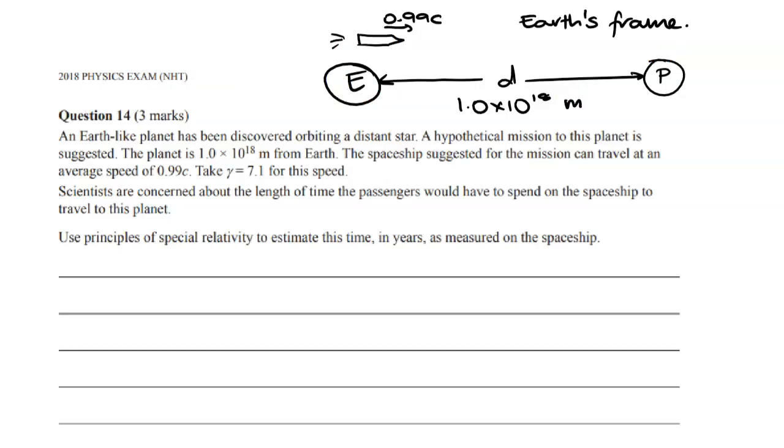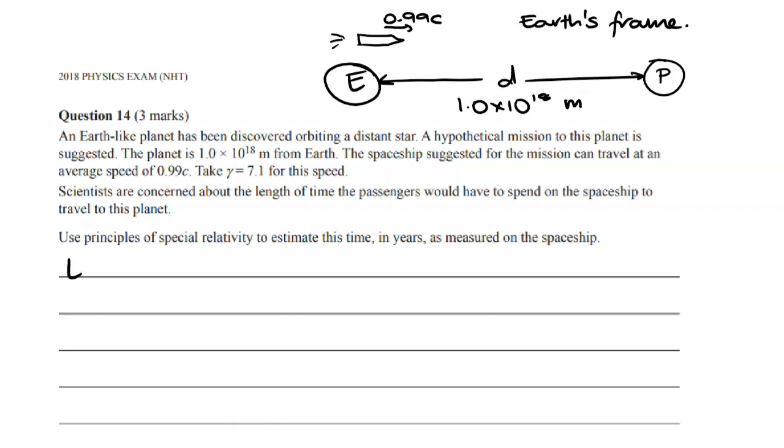Astronauts? I don't know. So from the Earth's frame of reference, the scientists on Earth, they measure the distance to the planet to be, as I put in the diagram, and they know the speed of the rocket to be 0.99 c relative to them. So let's go ahead and figure out how much time, according to the Earth's frame of reference, keeping in mind they ask for it in years, to see why the scientists are concerned.